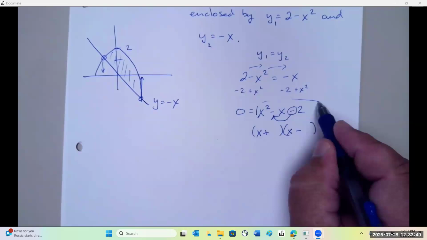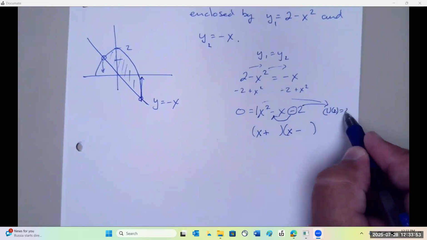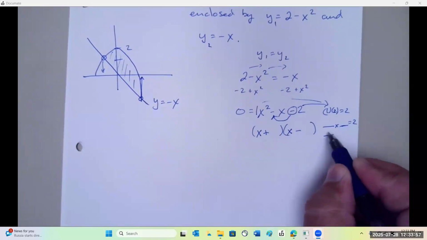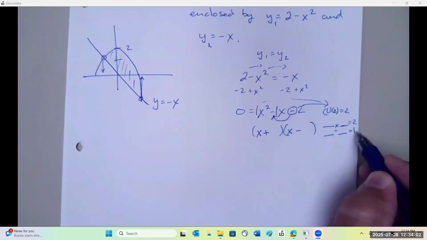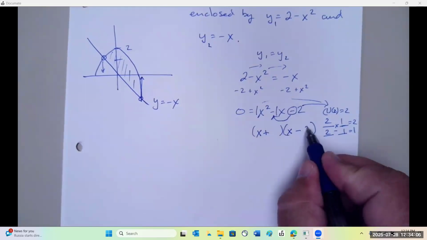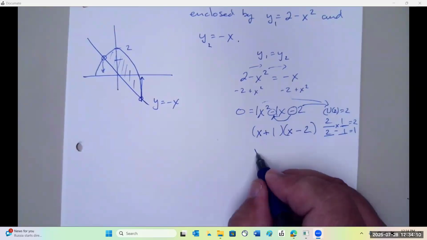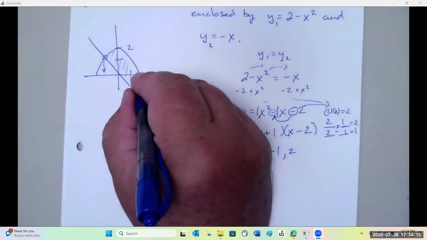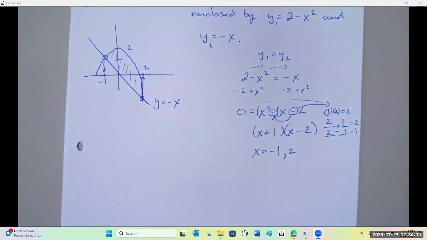So what times what equals 2, where when we subtract them, it equals 1? 2 and 1. And the bigger number gets the negative because of that. So my answers are negative 1 and 2. Those are my bounds of integration.